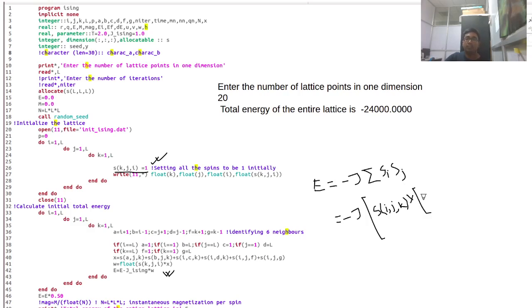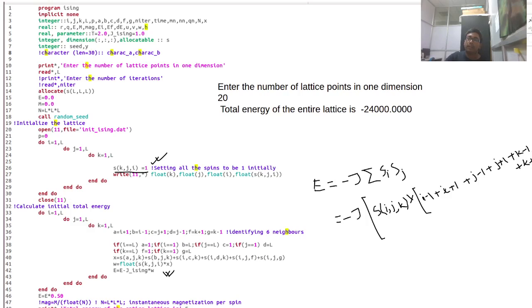So in this case what will happen is that you need to have S i minus 1 j k, so these are all with S, right? I minus 1 j k I am writing in this way. The second thing will be i plus 1 j k, and then the third term will be j minus 1, then j plus 1, and k minus 1 plus k plus 1.